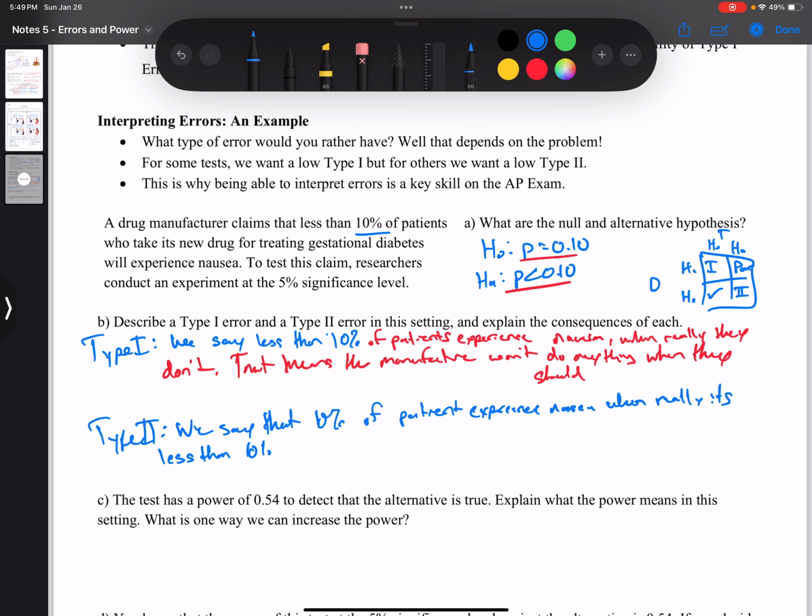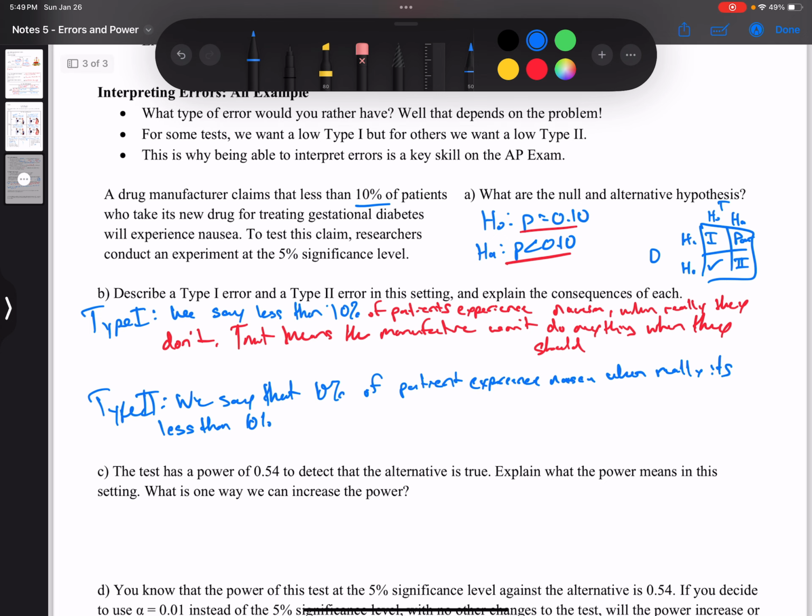So what does this mean? If we say that 10% are experiencing nausea when it's really less than 10%, that means we're going to spend time and money to fix a problem that isn't there, because we're trying to get it to be less than 10%.